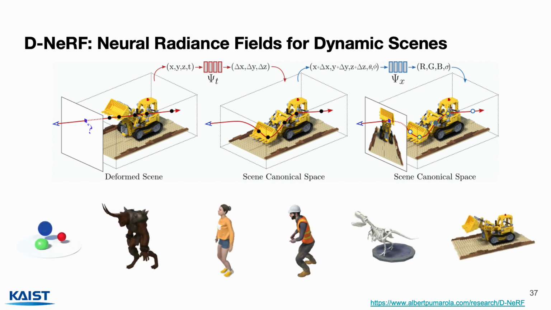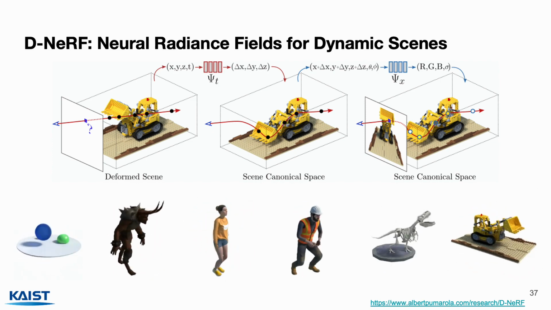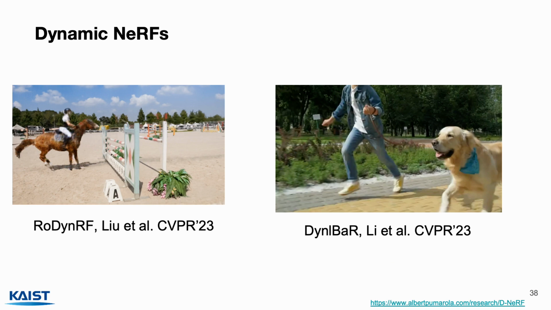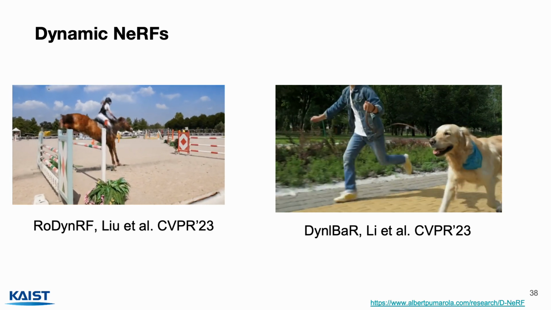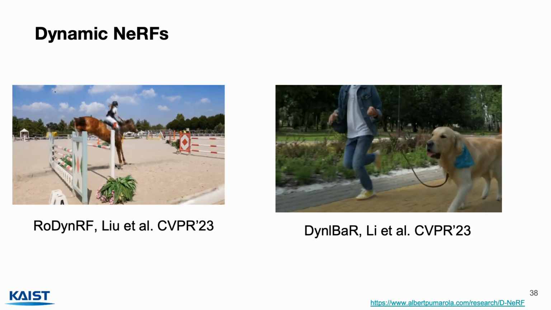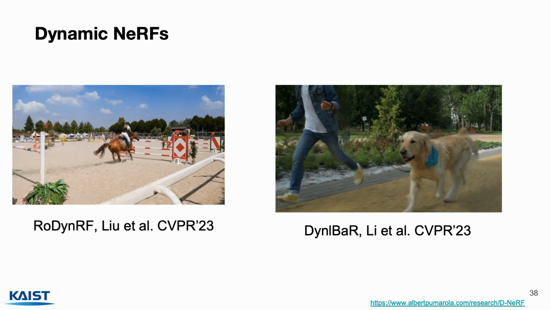So there are tons of papers that try to overcome these limitations, and numerous papers have proposed dynamic NeRFs that can now be easily applied to real-world videos. However, it is very slow to optimize a dynamic scene, which takes hours or even days to obtain high fidelity results. But the results look really good.